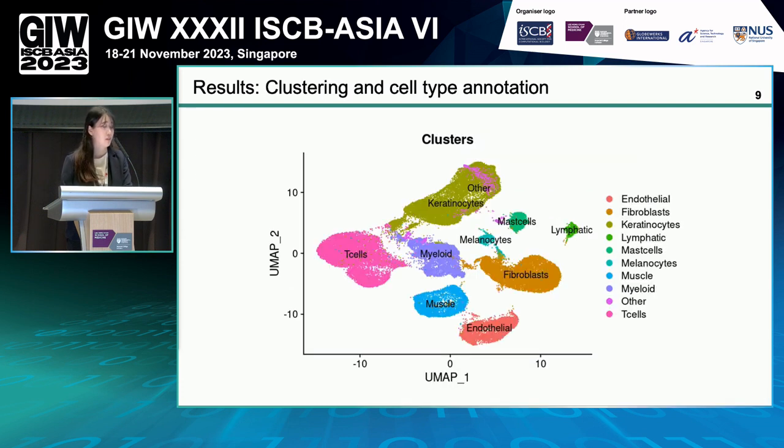The result of clustering and cell type annotation are shown. We identified 24 clusters from single-cell RNA-seq data. As a result of cell type annotation with marker genes, we assigned 10 cell types to the clusters.